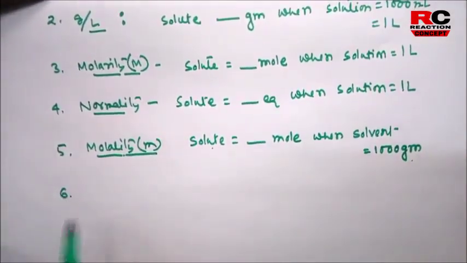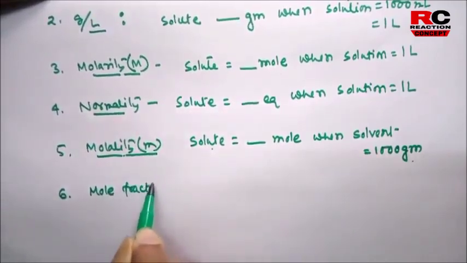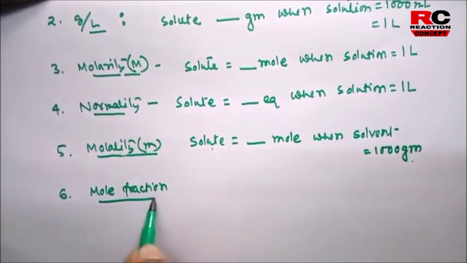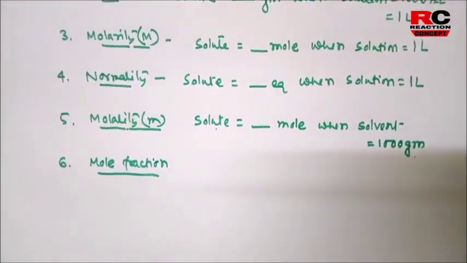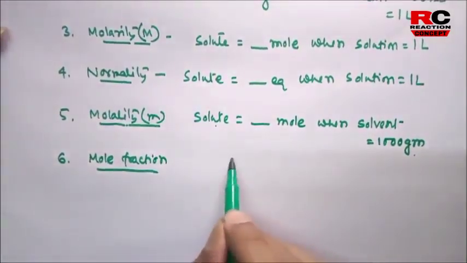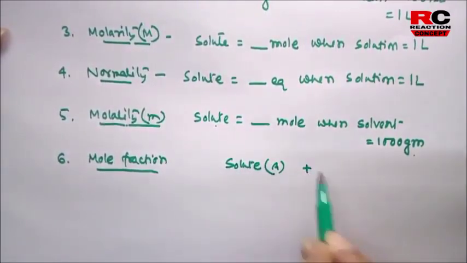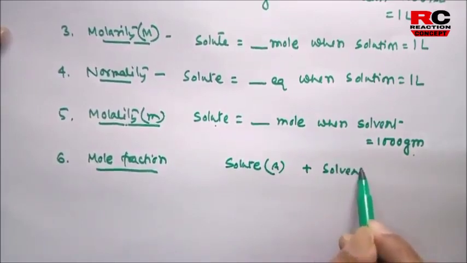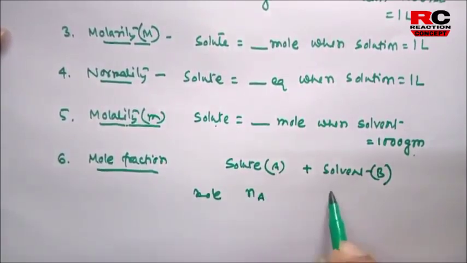So number 6, it is mole fraction. We have already mentioned that a solution is composed of two components. One is solute, another one is solvent. Okay, consider the number of moles of solute is Na and number of moles of solvent is Nb.